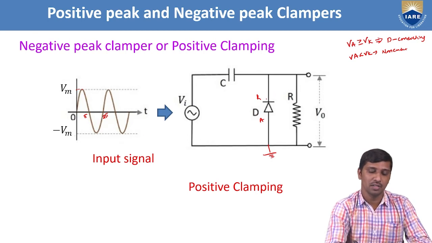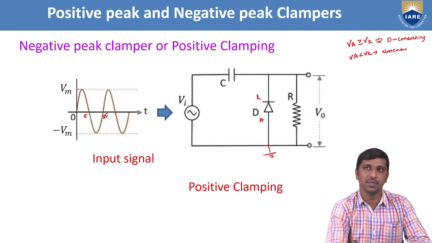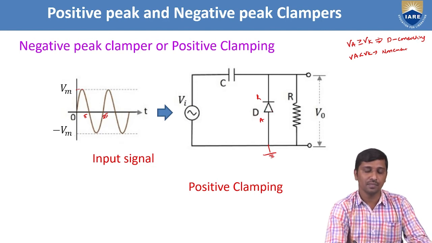What happens here is that a more negative voltage is passing through the cathode with respect to the anode. The anode is connected to 0, and the cathode now contains the negative portion. That is the reason the anode voltage becomes larger compared with the cathode voltage. Hence, from this point, the diode enters the conducting state.